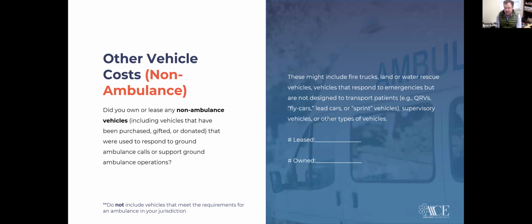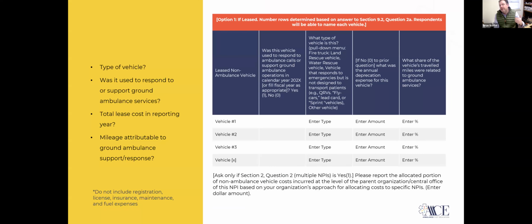And this is not just limited to motor vehicles. This would include anything with an engine that you use to respond or support your ground ambulance operations. So they will ask you to list the type of vehicle. There is a pull-down list. It's fairly extensive. So, if you have a golf cart that you use to move equipment around your campus, you would list that here, right?